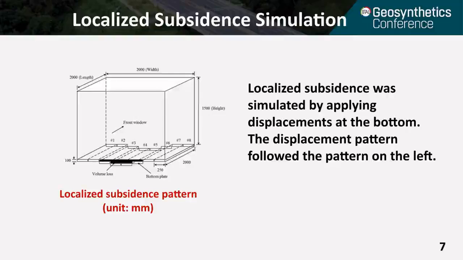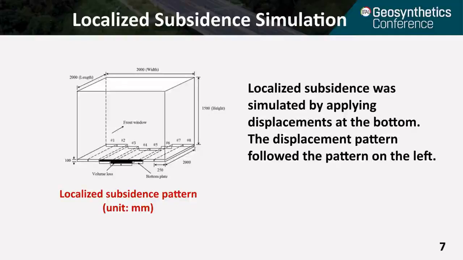So the next question is, how can we generate the differential settlement or localized subsidence in the numerical model? The way we did it, we apply a displacement at the bottom of the numerical model. But the displacement is not uniform. The displacement pattern follows the subsidence pattern we used in the lab.